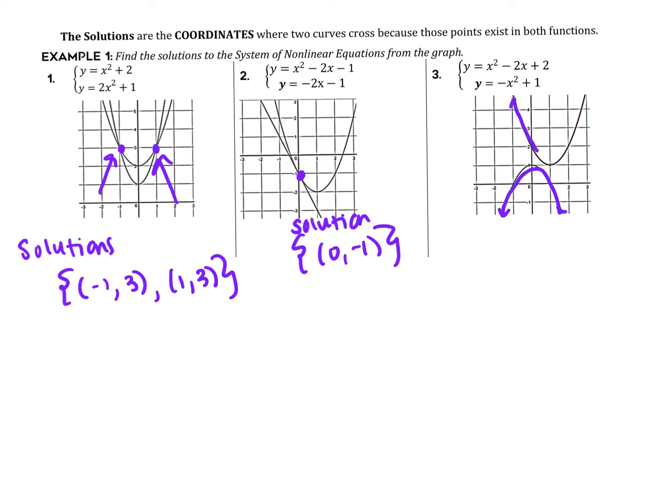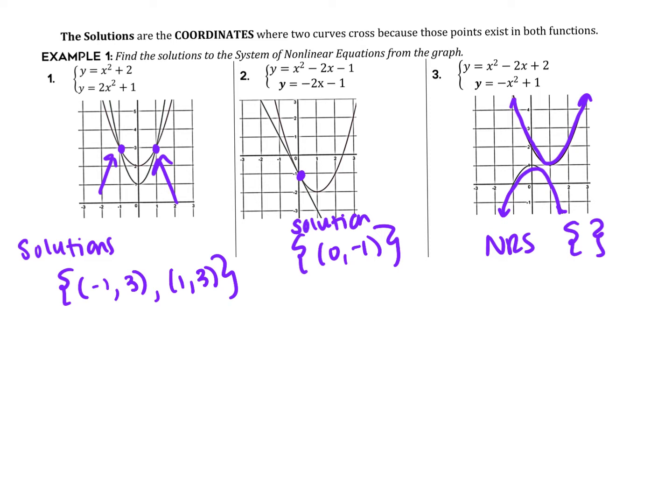One of them is going up forever, one of them is going down forever, and there are no intersection points. So we would say that there's no real solution, or we could write our set notation with nothing inside, the empty set, because there are no solutions. So if we're given a graph and we're just being asked what are the solutions to this nonlinear system of equations, all we have to do is identify where they intersect.